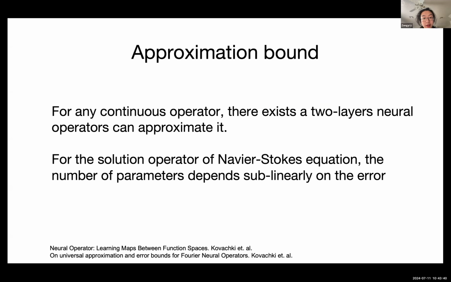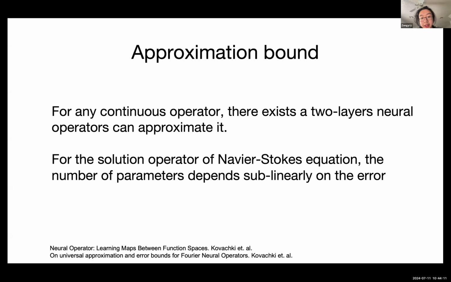Indeed, our group has proved an approximation bound, generally saying that for any continuous operator defined on a compact subspace, there exists a two-layer neural operator that can approximate it. So this approximation theorem is very similar to the approximation theorem of multi-layer perceptrons for functions, but we generalize the theorem to a function space.